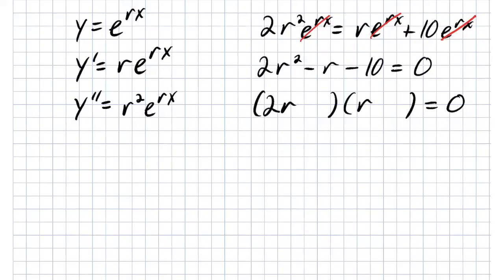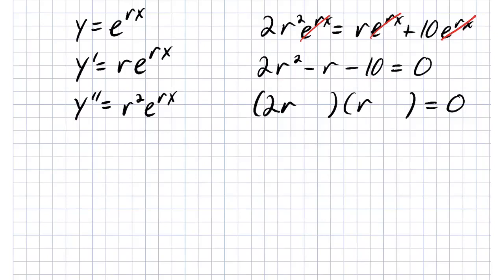A good way to do this is, I know that this number is going to be either plus or minus 2, or plus or minus 5. So let me just plug that into this original equation and see which one will give me 0.